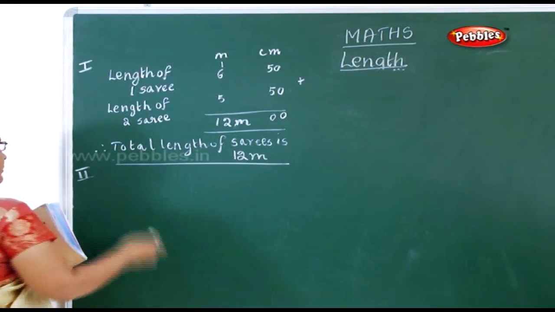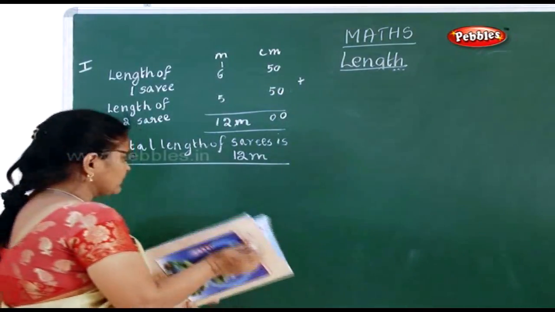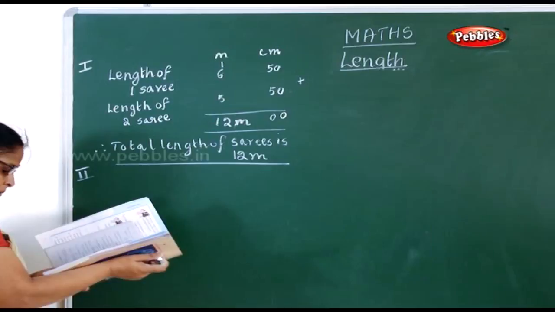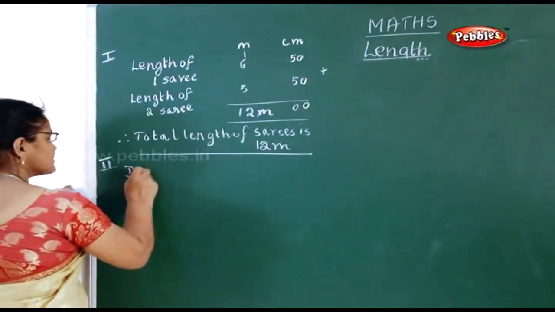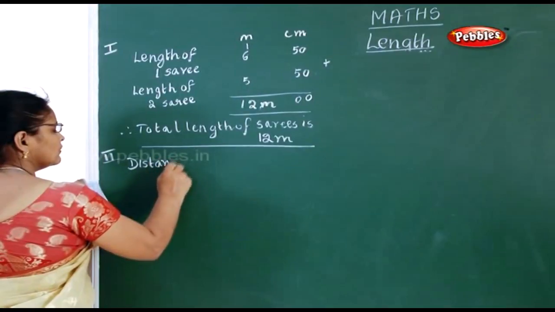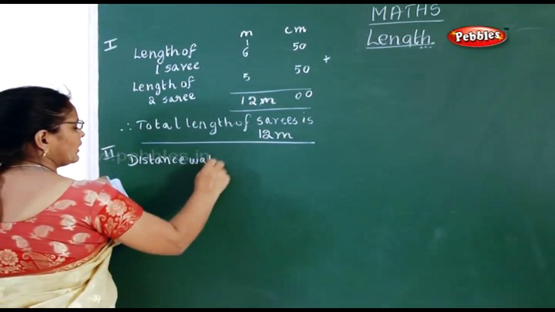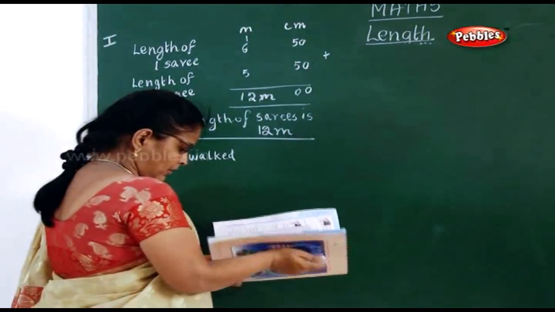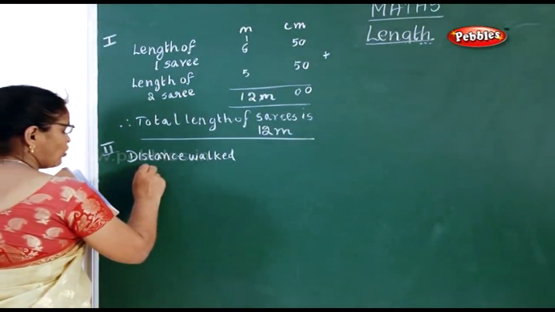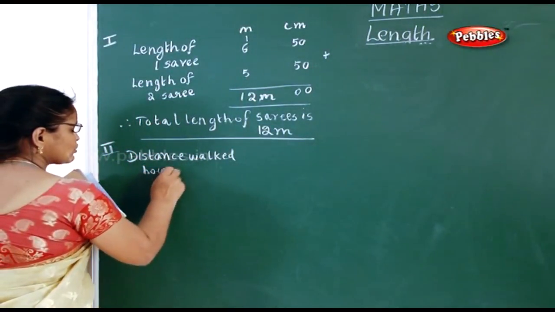What did Naveen do? He walked the distance of 200 meter and 50 centimeter. So you have to write distance walked. From where to where? He walked from house to bank.